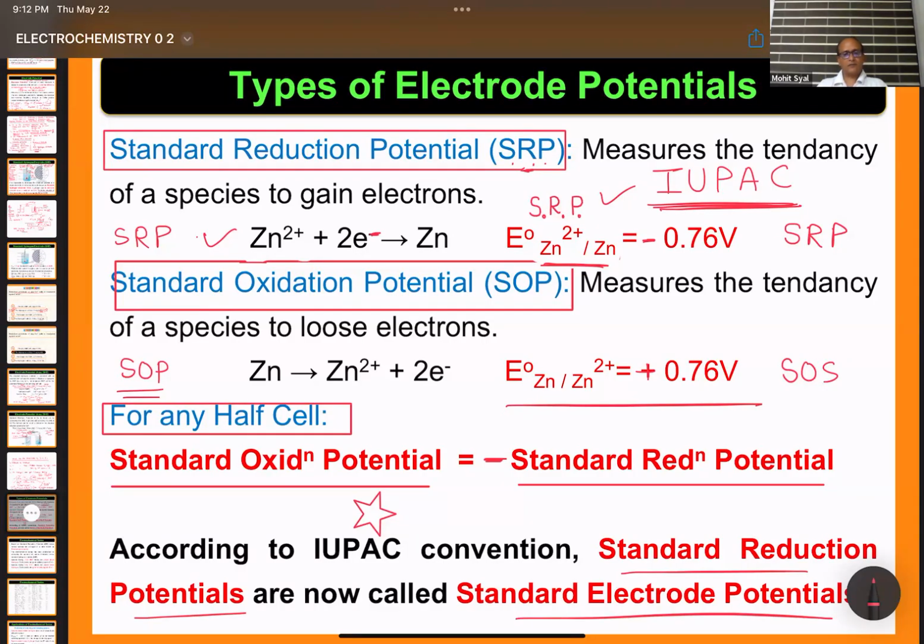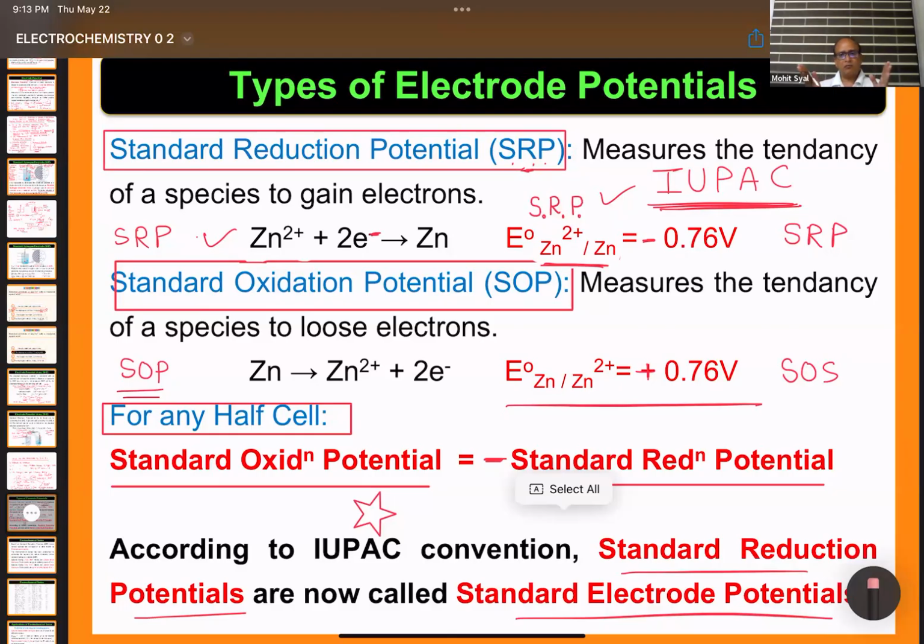Yes, sir. So we will talk only about the standard reduction potential, but you should be aware that if it is given like this, it is oxidation potential. You can convert it to reduction potential by changing its sign. So electrode potentials are of two types. The one which measures the tendency to accept electron is standard reduction potential. It is chosen by the IUPAC to be considered as the standard electrode potential.